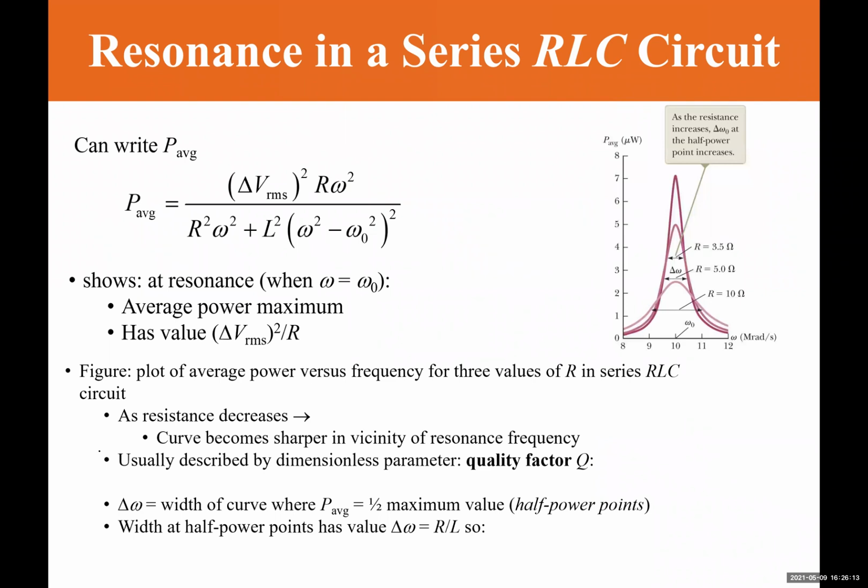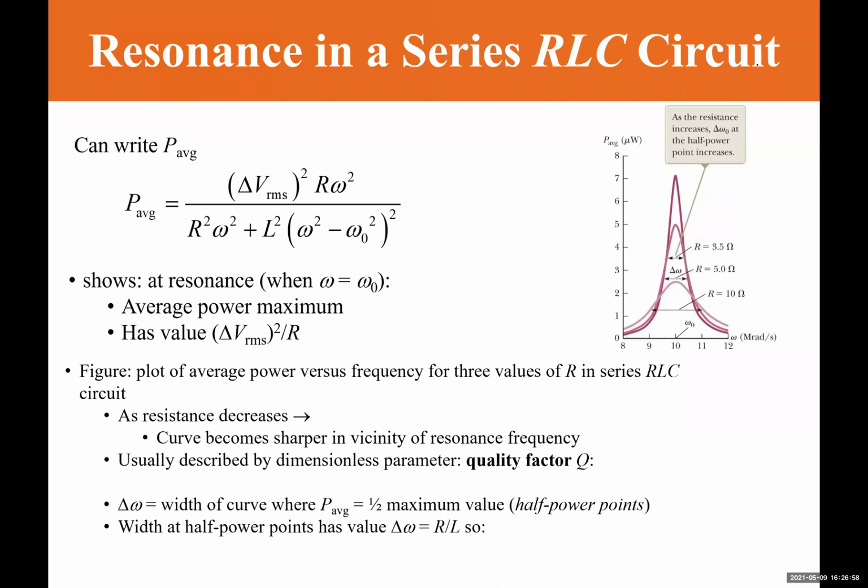All right, so then we can write down the average power in terms of delta V RMS squared, R times omega squared, and divide by R squared omega squared plus L squared over omega squared minus omega naught squared. Now, where is this equation coming from?